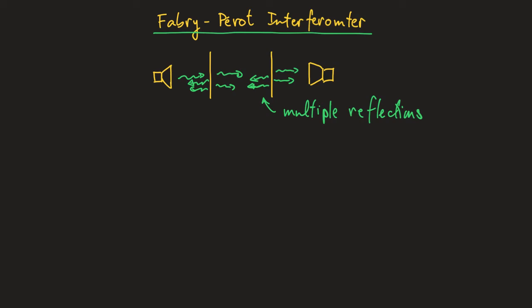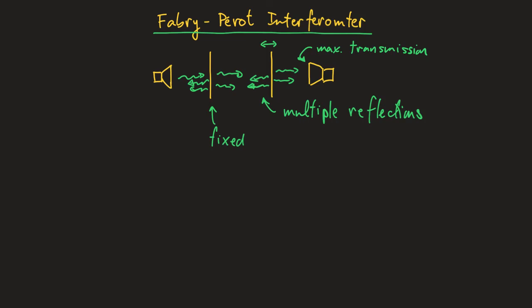So what we're going to be doing is we're going to leave this guy fixed, and we're going to move this guy left and right. And we're looking for a position where we get maximum transmission, which means that the waves are in phase with each other.